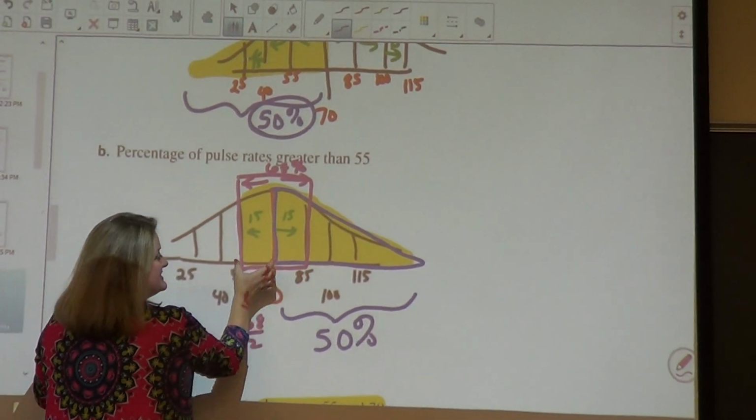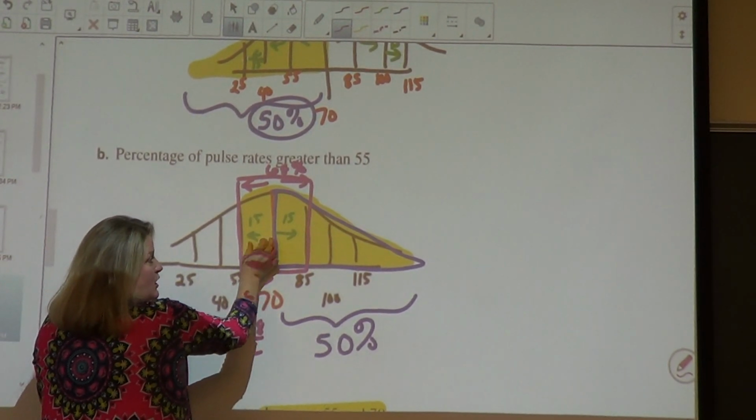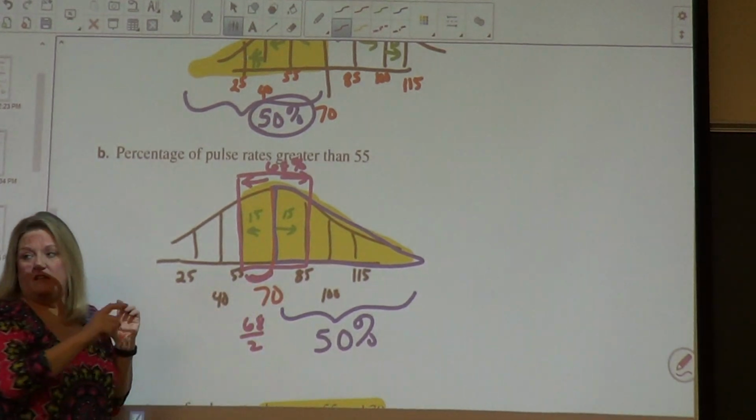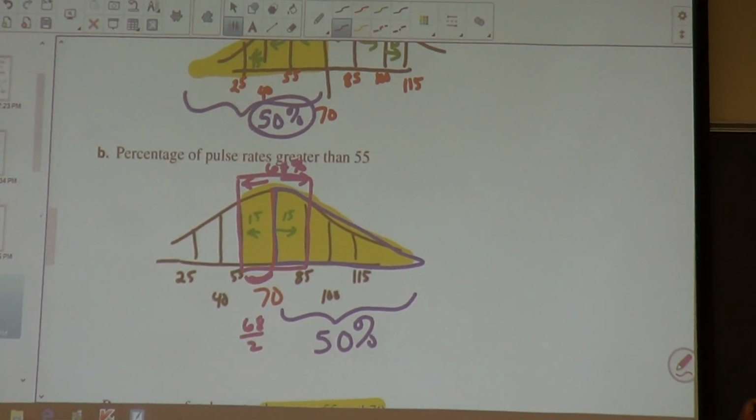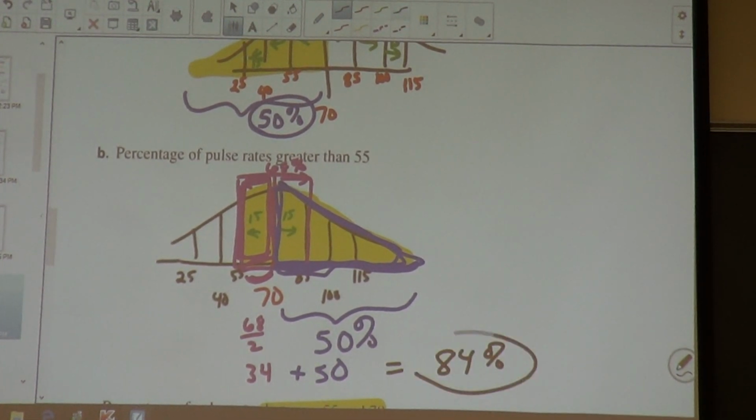So I need a 68 cut in half, which will give me this piece, plus a 50. So a 68 cut in half is going to give me this piece, which is a 34. And then a 50 is going to give me this piece. So my answer is going to be 84%.